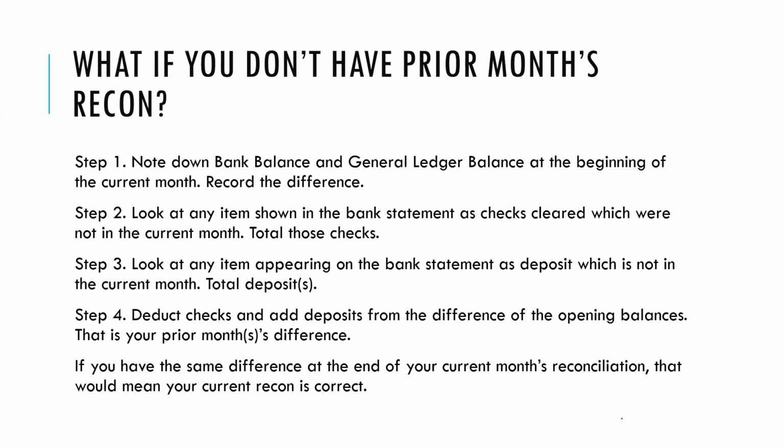That difference, then what you do is you look at all your withdrawals and deposits and try to figure out anything which pertains to prior month is appearing in this month.